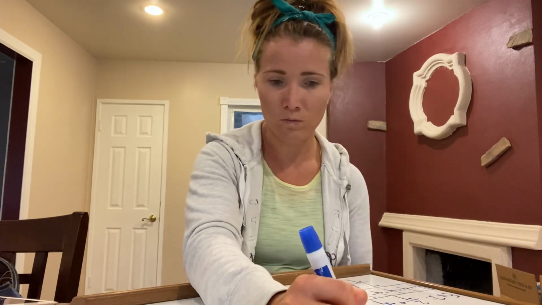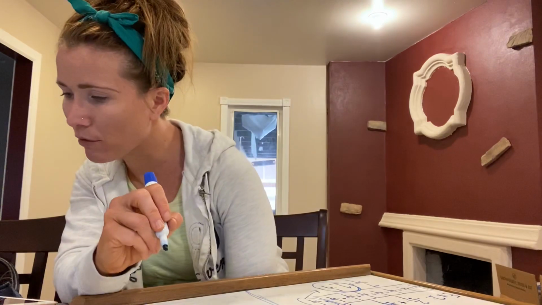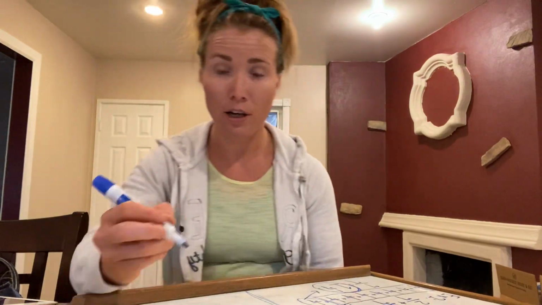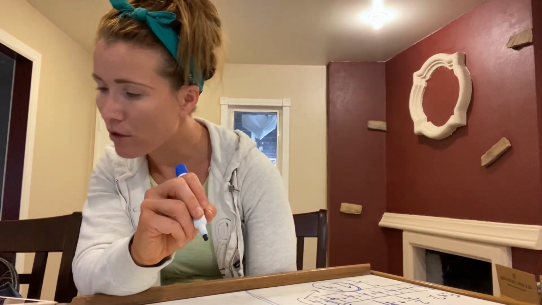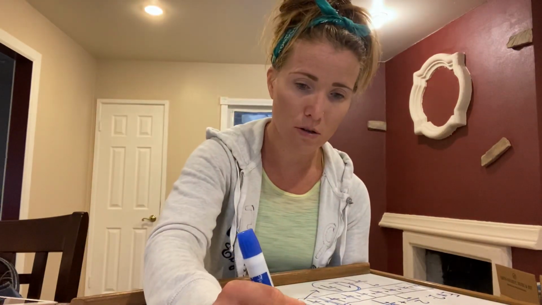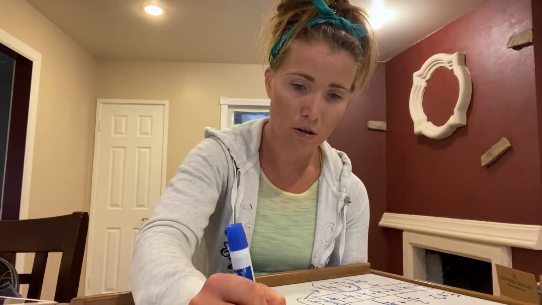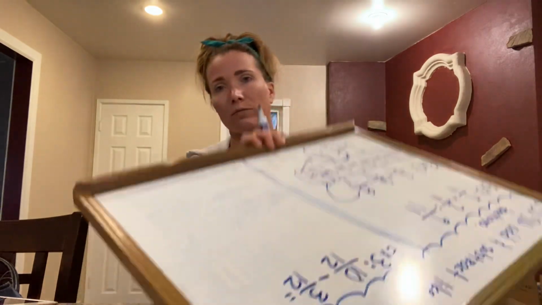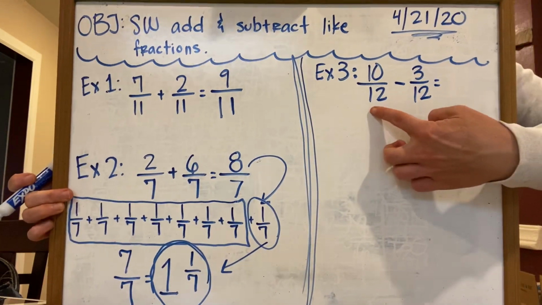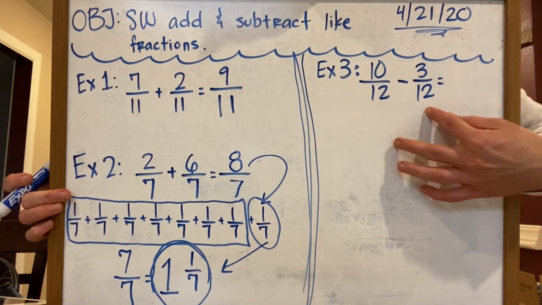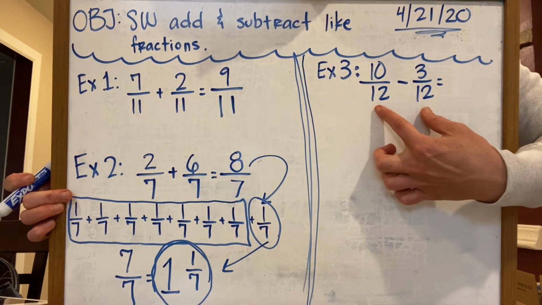Example 3, we're gonna do number 1, 10/12 minus 3/12. Check it out. Again, the denominators are the same.